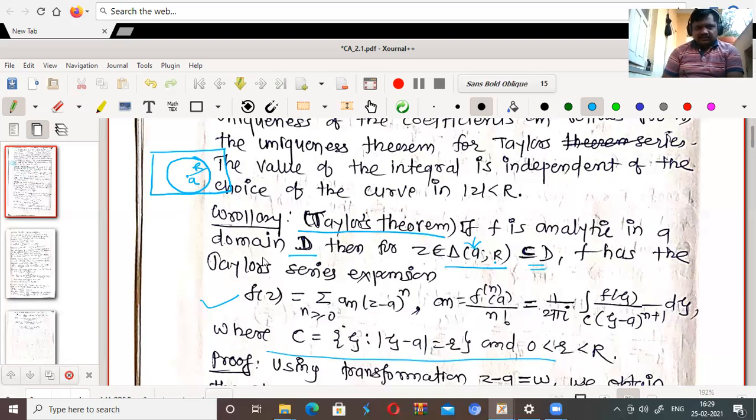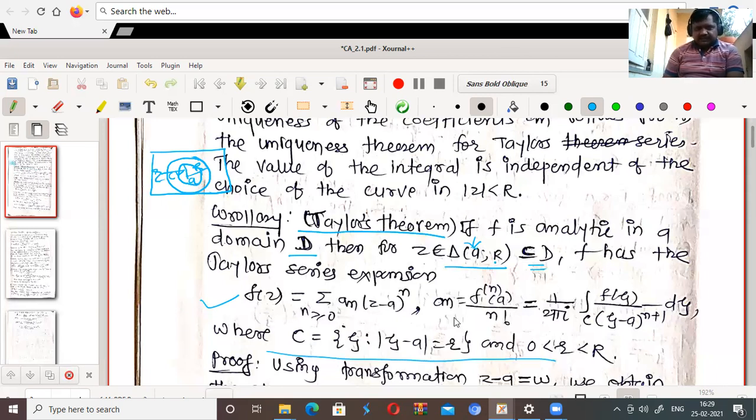And what about C? C is the circle, again inside this disk. This is your curve C, whose radius is small r, which is strictly less than capital R.